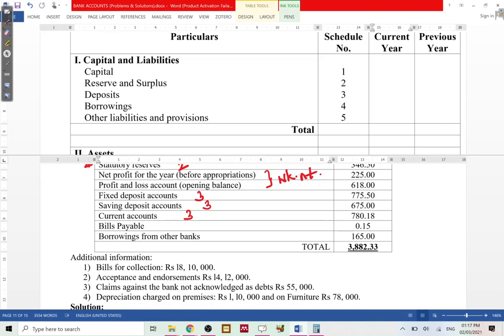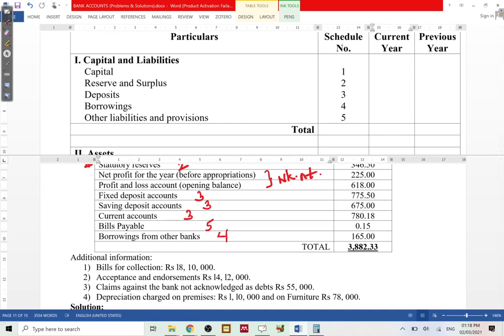Next is bills payable. This will be schedule 5, other liabilities and provisions. And borrowings from other banks, that is money that is taken from other banks, is going to be which schedule? Schedule 4. Yes, borrowings will be schedule 4, the amount taken from other banks.